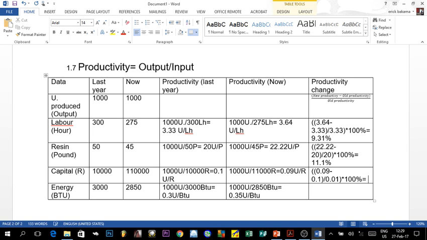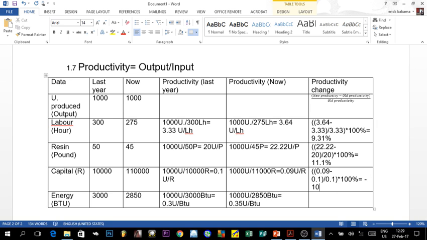So I want you to notice something here. If we do 0.09 minus 0.1, we are going to get a negative number, and then we divide by 0.1. Sorry, this one here must be 0.1. Yeah, and we divide by 0.1, then we multiply by 100. The value that we are going to get is a negative value, which is negative 10%.